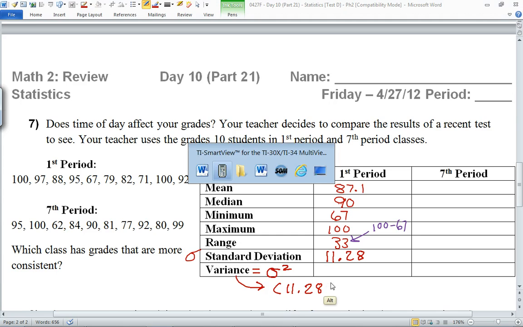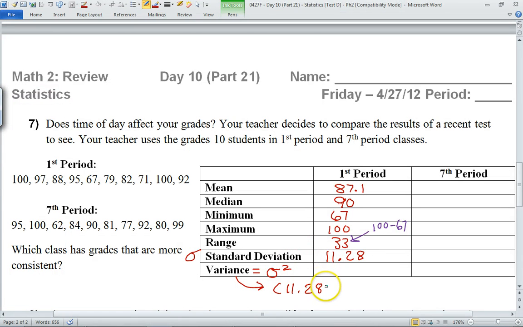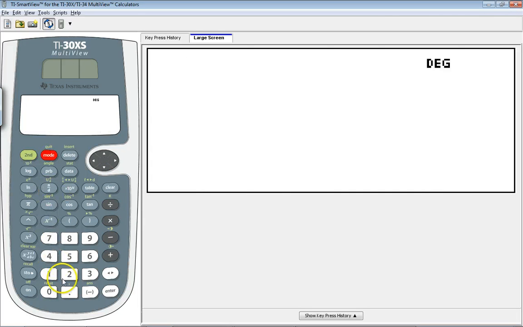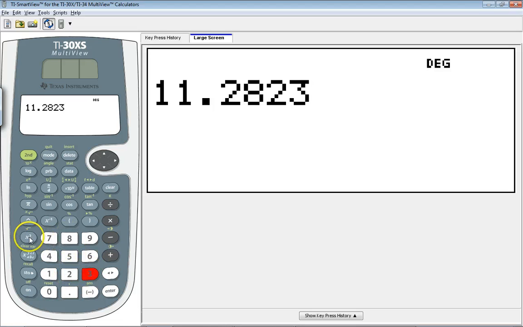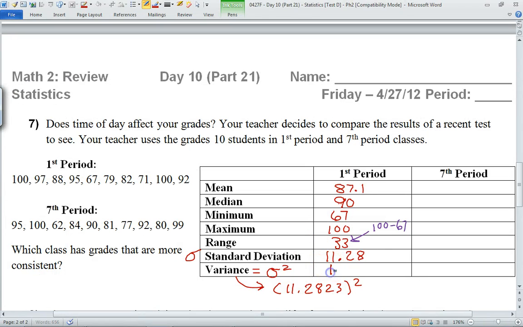I'm actually going to use a couple more decimals since I'm not done. 11.2823 squared. And that gives me 127.29. That's the variance.